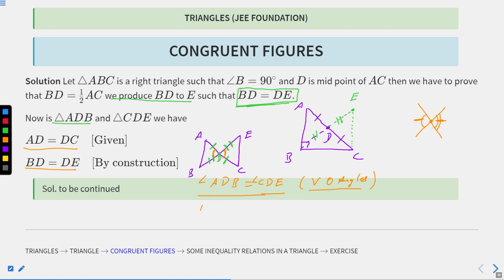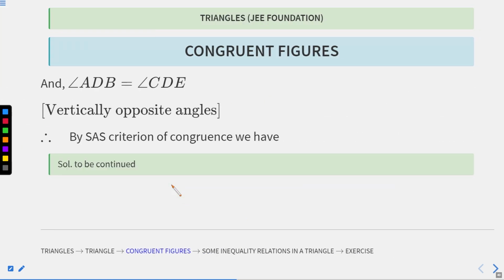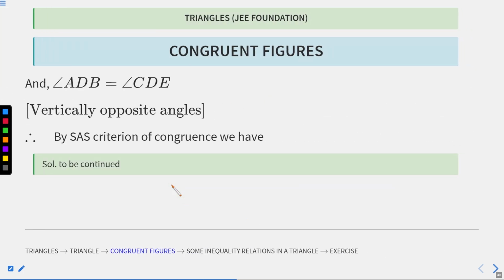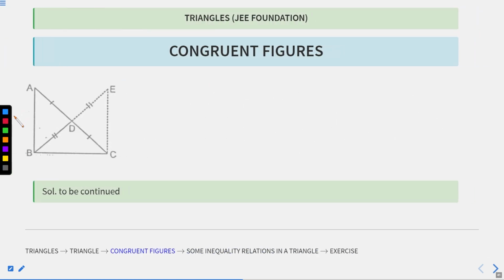Now using side angle side, I can say that both of my triangles, triangle ADB and triangle CDE, are congruent to each other. I hope this is all clear.